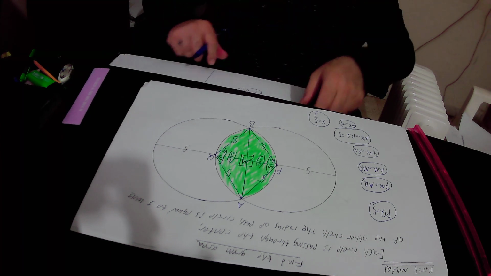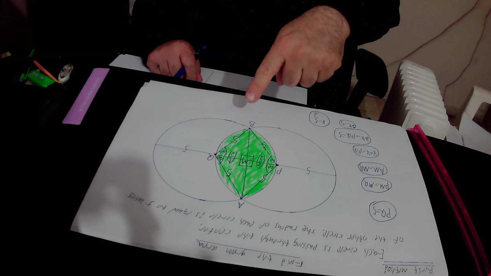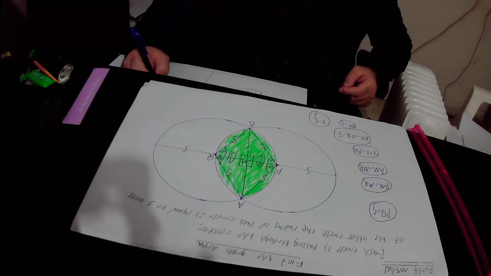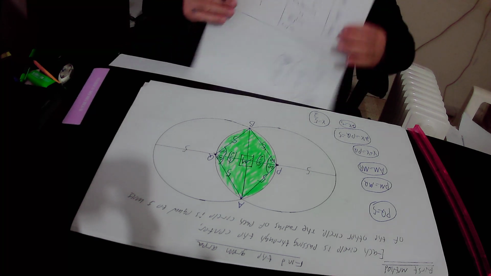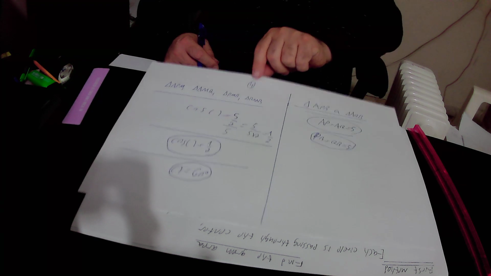And we also know that PB equals BQ, and they are also equal to 5 units. So PB is equal to QB, and both sides are equal to 5 units. I'll repeat again. Side PB equals side QB equals 5 units.